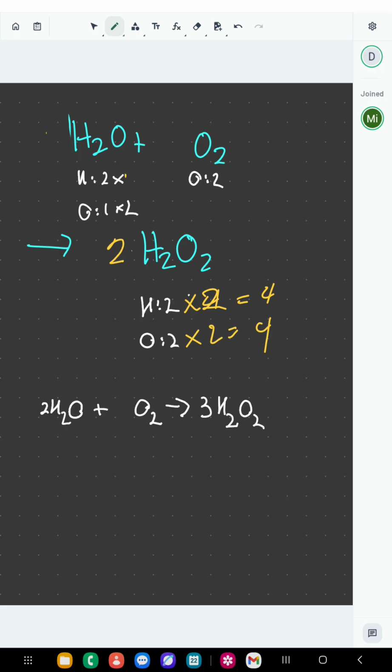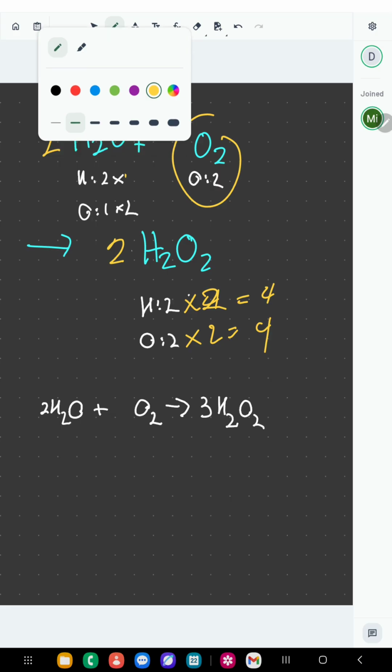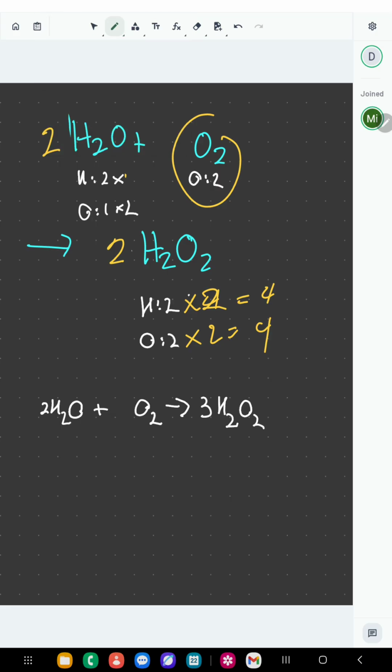Got it? This is balanced because you put 2 here. It is 4. And the oxygen is 2 plus 2 here, so it's 4. Okay, let's finish number 20.